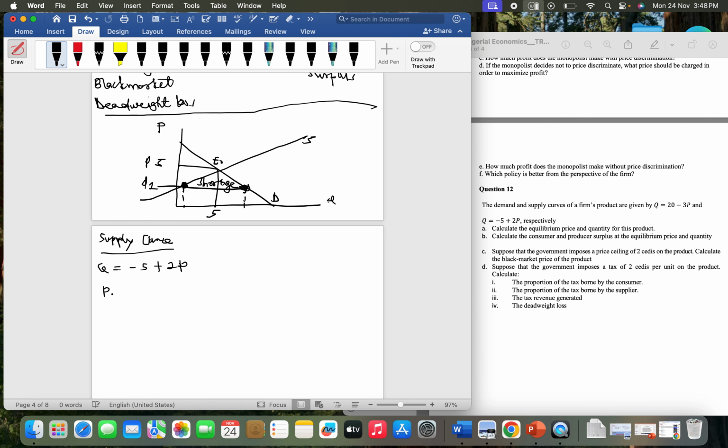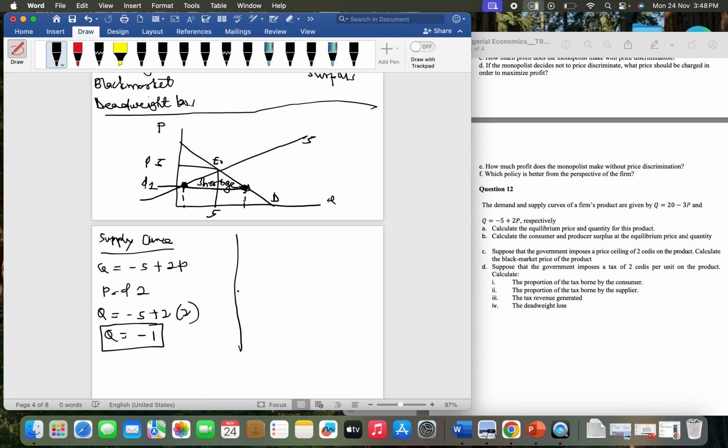We're given the ceiling price to be 2. So Q equals minus 5 plus 2 times 2, which is minus 5 plus 4. That gives us minus 1. So with supply, the quantity is minus 1.